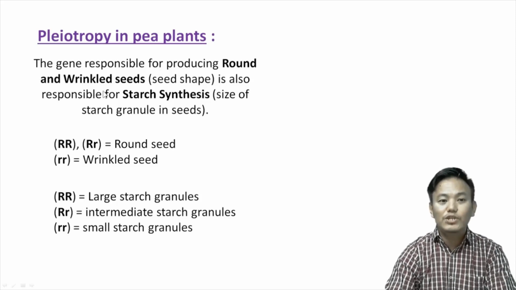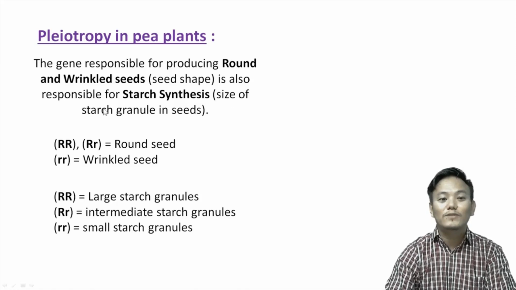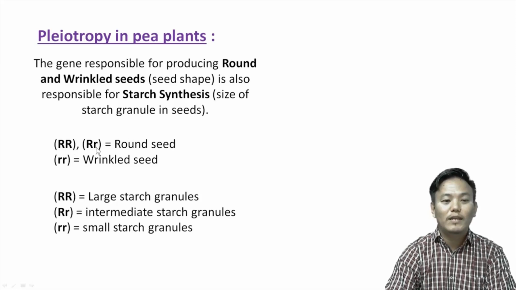This same gene is also responsible for starch synthesis in the seed. The size of the starch granules in the seed is controlled by the same gene which controls the seed shape.